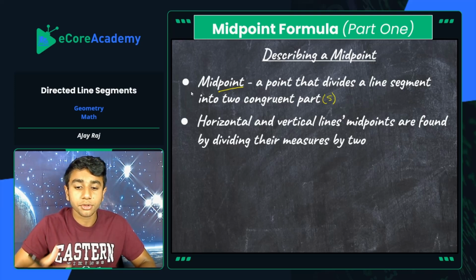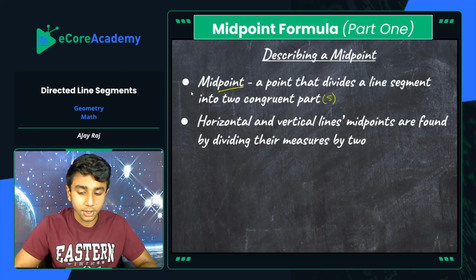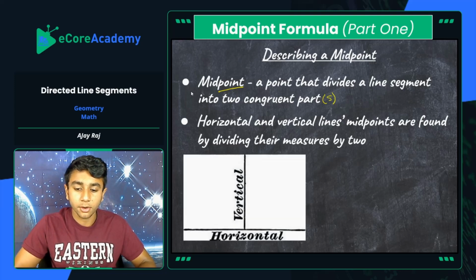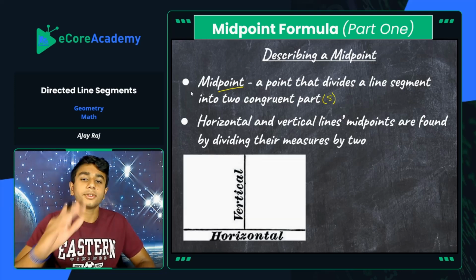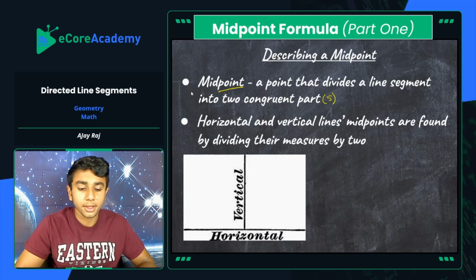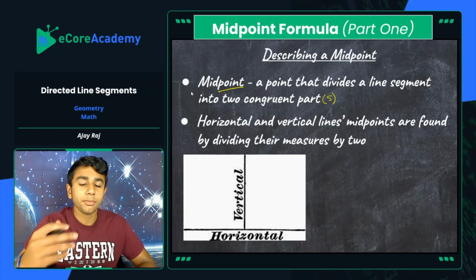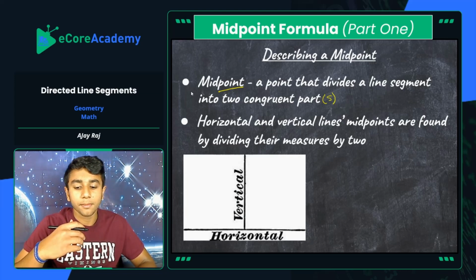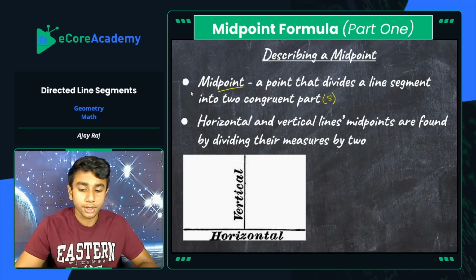In Algebra 1, you were taught about the vertical line test, and so on. So the vertical lines are basically lines that go straight up and down, simulating the y-axis. And of course, your horizontal lines simulate the x-axis, going from left to right all the way across. So those are your vertical and horizontal lines here.